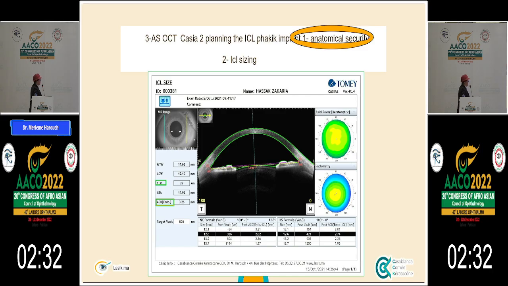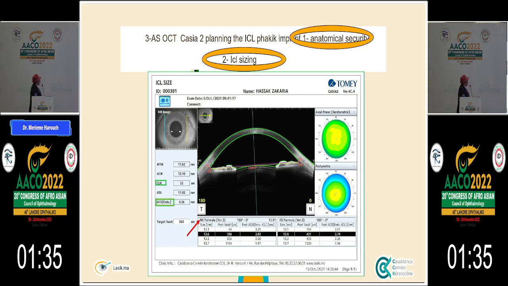It was 3.2, so the patient is eligible for this ICL implant. After, it gives us the ICL sizing by the Nakamura formula, with the diameter of the ICL implant, the expected vaulting, and the anterior chamber depth.